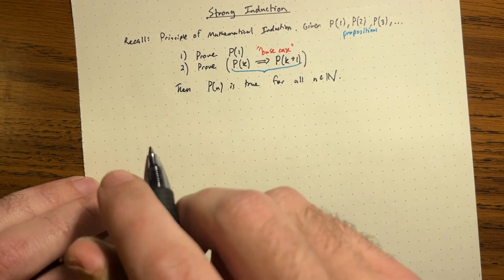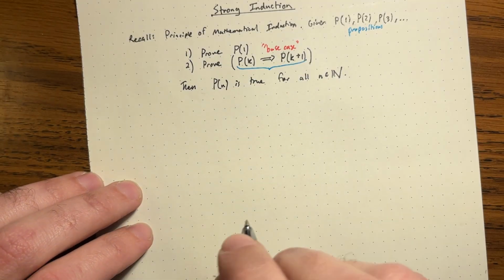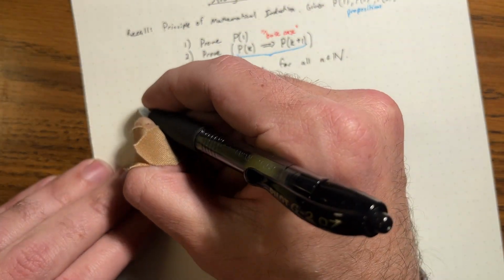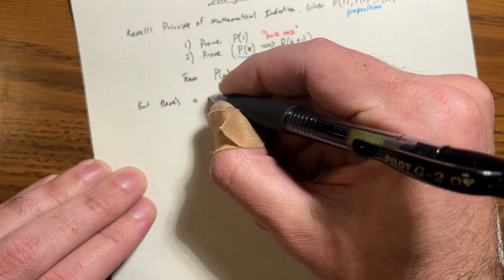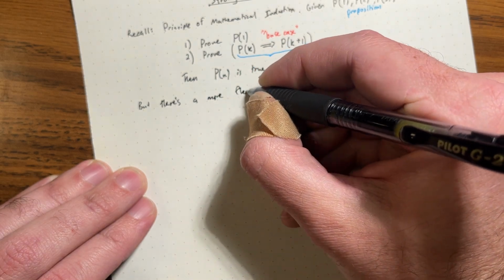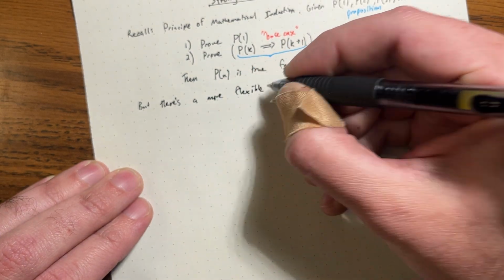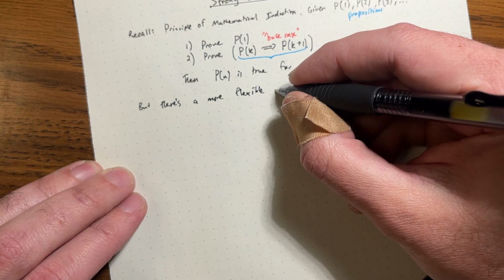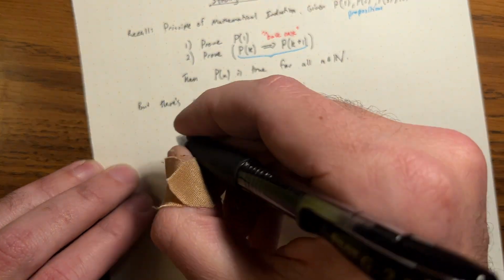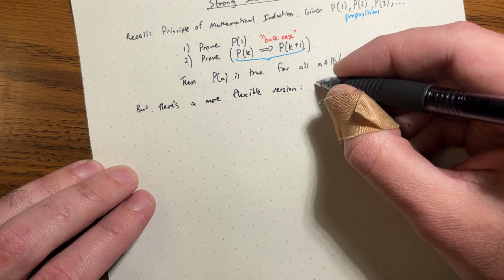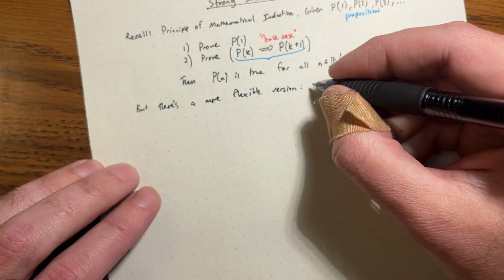But the solution to that is, there's a more flexible version, which actually turns out to be equivalent to the one I already wrote down. But it's called strong induction.